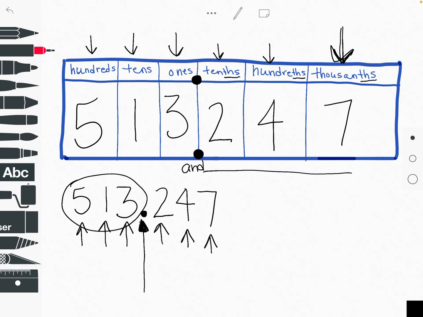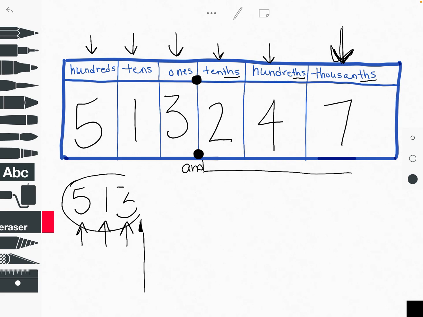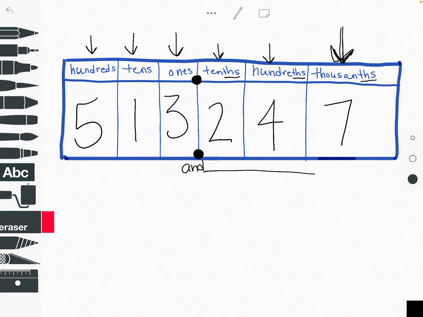So 513 and 247 thousandths. The reason we say thousandths is because that 7 is our last digit behind the decimal point, and so we say what place that one is in.